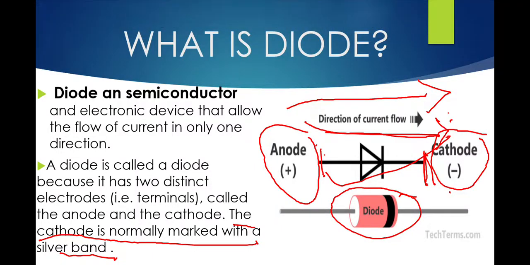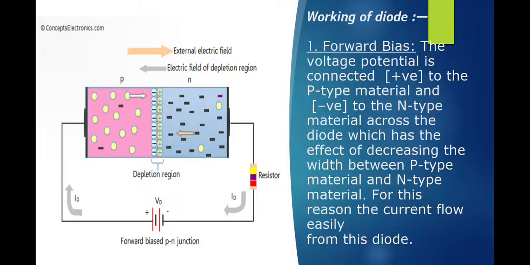Now the next topic is the working of a diode. A diode works with two biases: one is forward bias, another is reverse bias. In forward bias, positive potential is applied to the p-type material, whereas negative potential is applied to the n-type material.